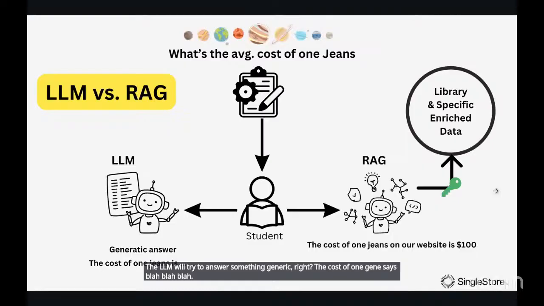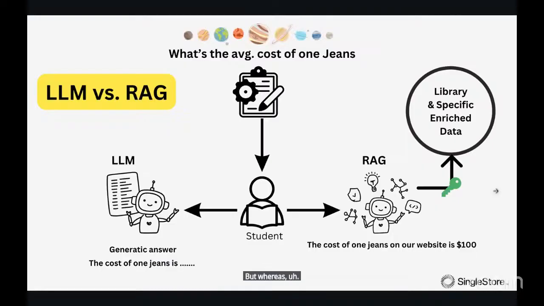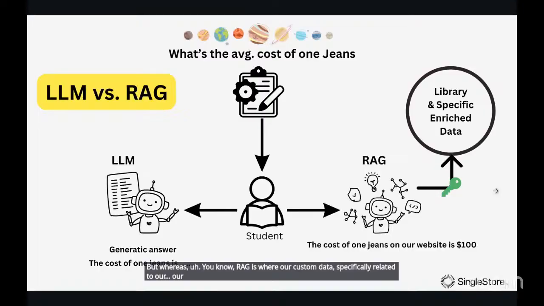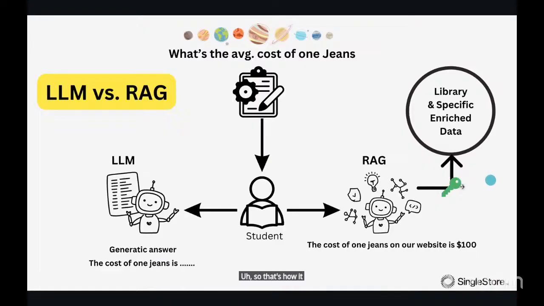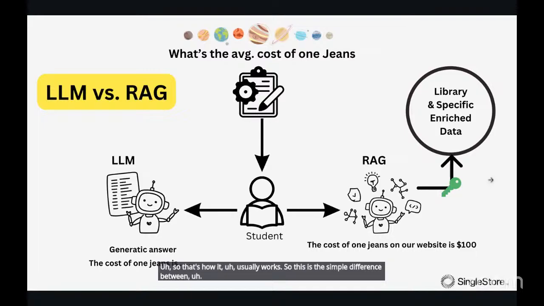Whereas RAG is where our custom data, specifically related to our website, is present. So it goes through that specific data and will tell you the cost of one jeans on our website is $100. So that's the simple difference between LLM and RAG.